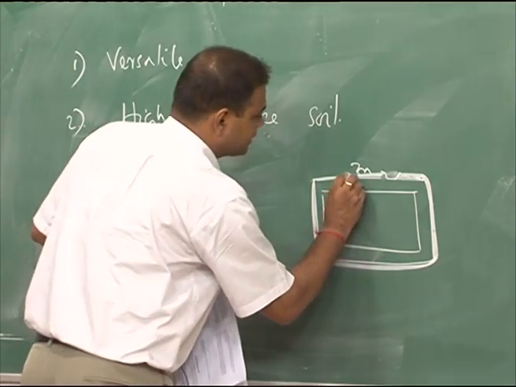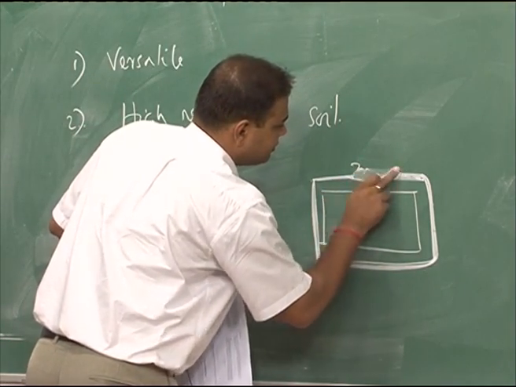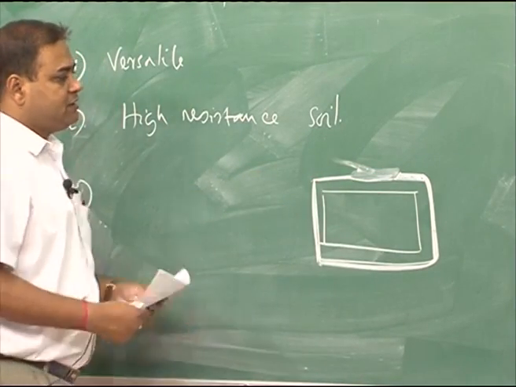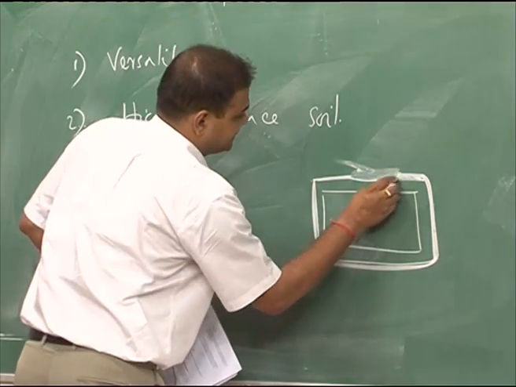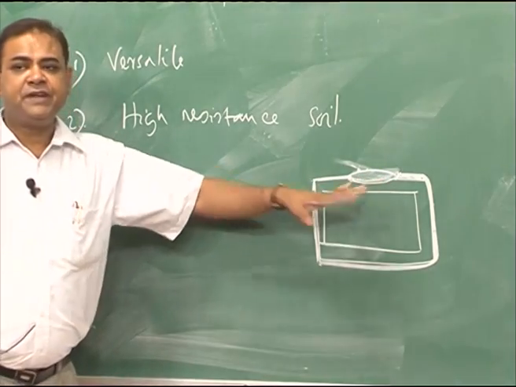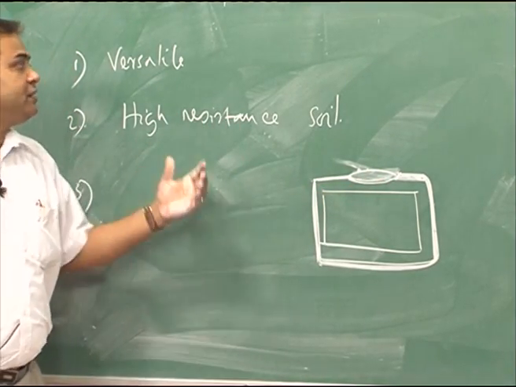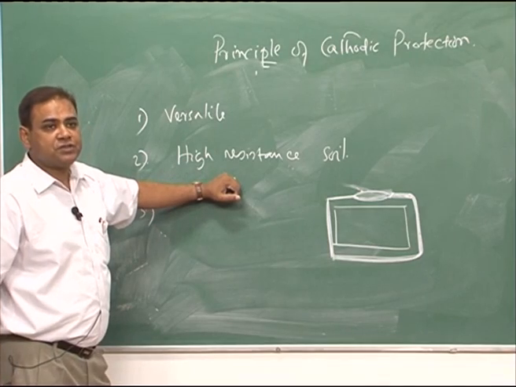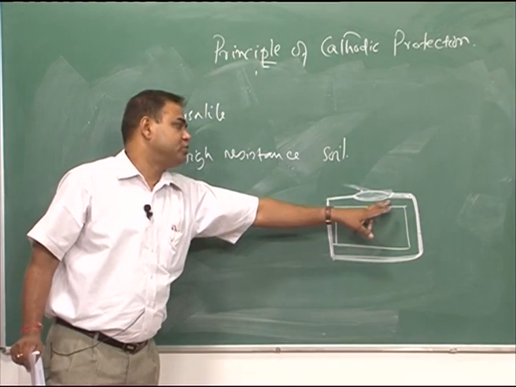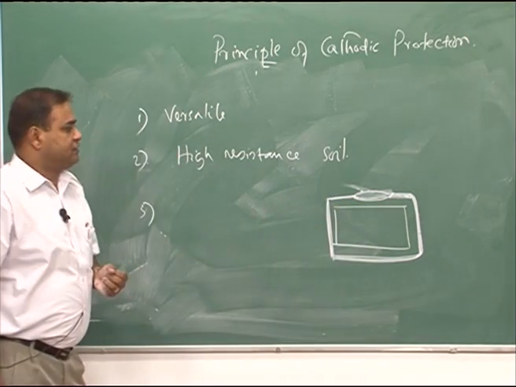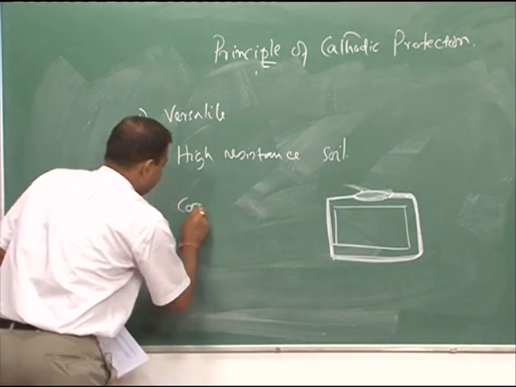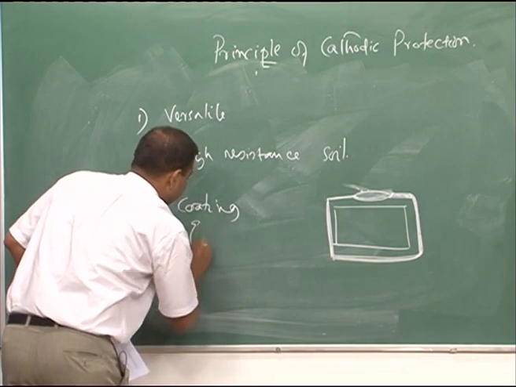Now, let us say some part of the coating would be out. If some part of the coating is out, then the current value will be needed as per the exposed area. So, we can monitor depending on the current we are sending via this external power source. If we see that a large current is required, that means we will come to know that there is a problem with the coating. Okay. So, the coating quality can be monitored.